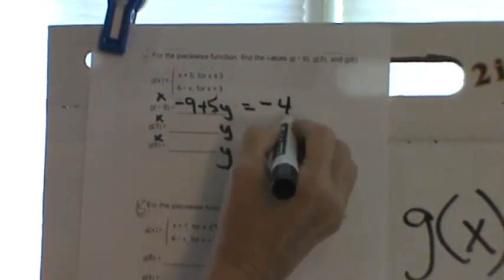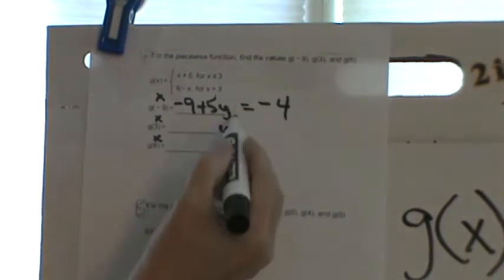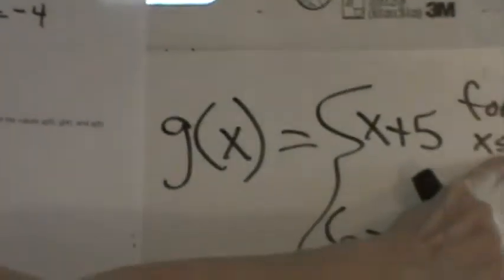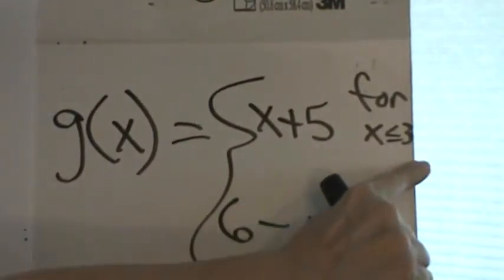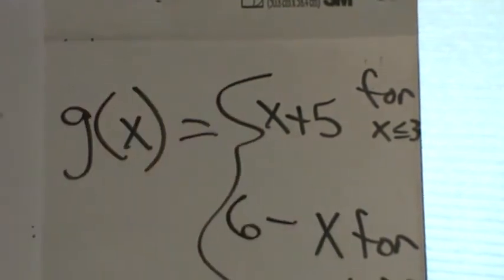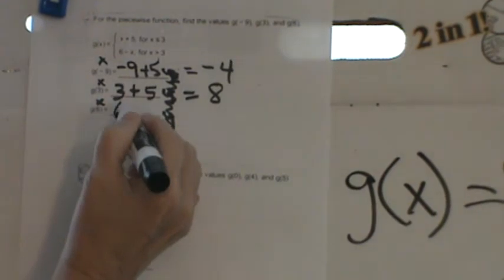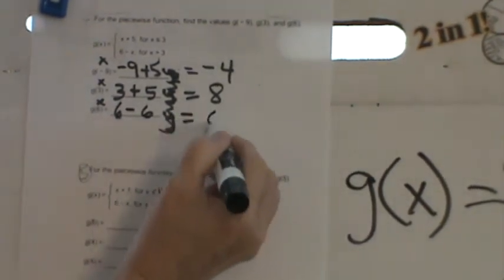That's negative 4. For g of 3, that would fall under this equal to 3 description right there, so you'll put it in the same piece. 3 plus 5 equals 8. And then g of 6, 6 is greater than 3, so you use this piece. 6 minus 6, which is 0.